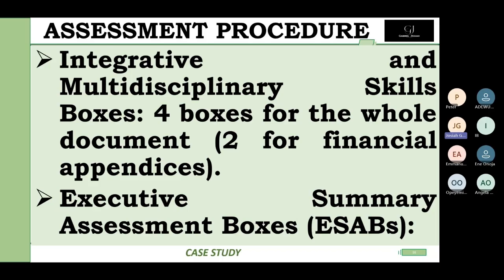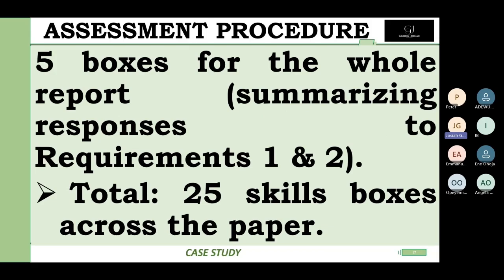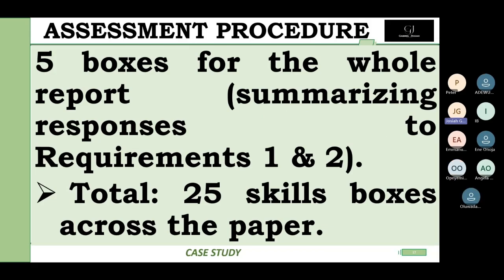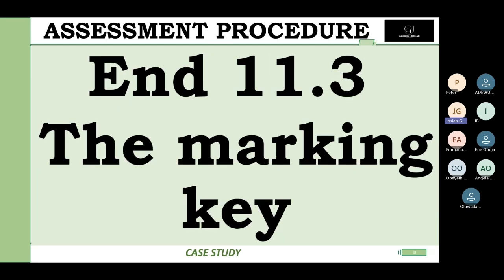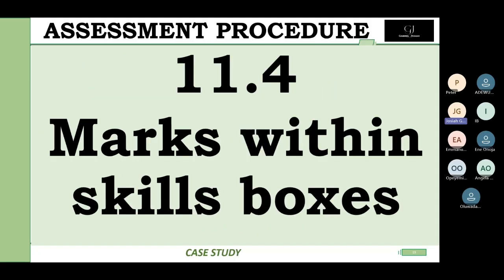Then you go to requirement 2, or whatever strategy works for you. Practice with it. But understand you must provide an executive summary, which is an essential box. That is very important. You also have 5 boxes for the whole report, and that speaks to summarizing the responses to requirement 1 and 2, which speaks to a total of 25 skill boxes spread across the whole case study paper. So that speaks to the marking key in brief for you to understand how that works.